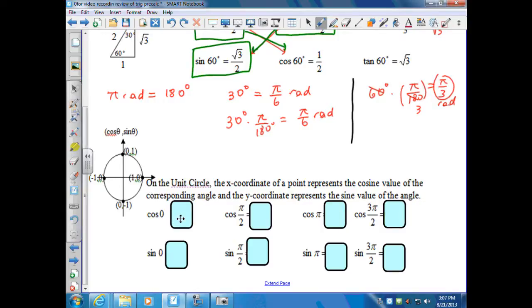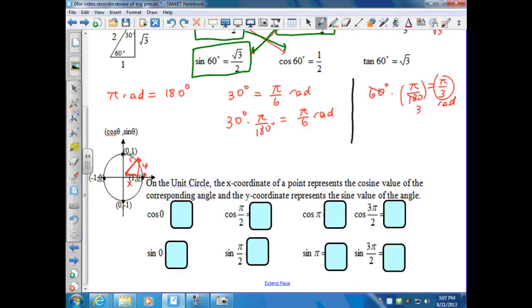For example, what happens to cosine at 0 degrees right here? Let's just say for any triangle where the vertex is on the unit circle, the x-coordinate is your x, the y is y, and the hypotenuse is the radius of the circle.